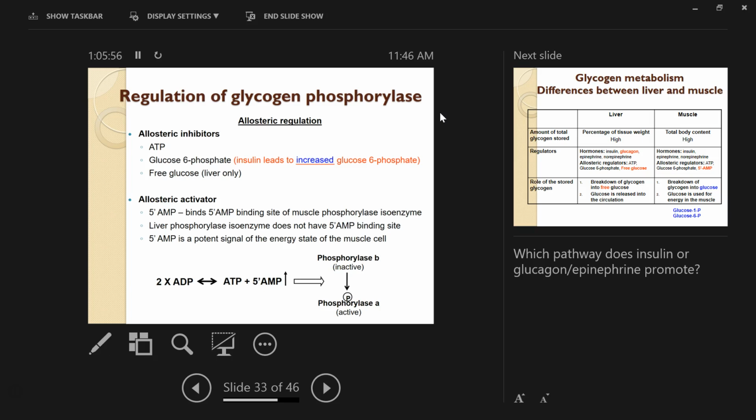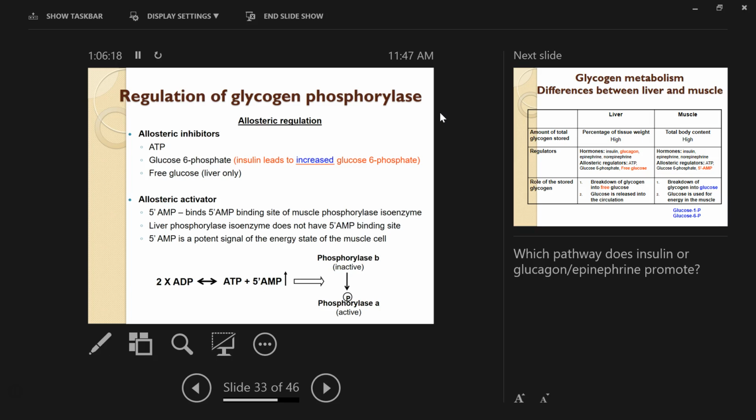So all these three conditions indicate the fed condition, so we should inhibit glycogen phosphorylase, right? Inhibit glycogen breakdown. So that should help you remember.